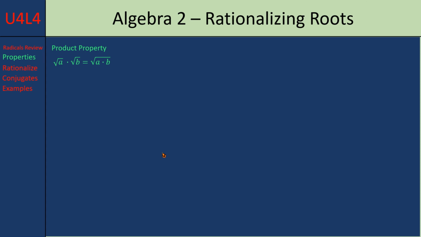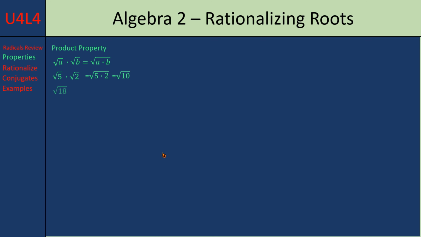If I have radical A times radical B, I can put that together in the same radical as radical A times B. And it also works backwards. If I have something inside the radical, I can break it into 2 things as long as they multiply to be that same number. So here's an example. I have radical 5 times radical 2. I can put that together as radical 5 times 2, which is radical 10.